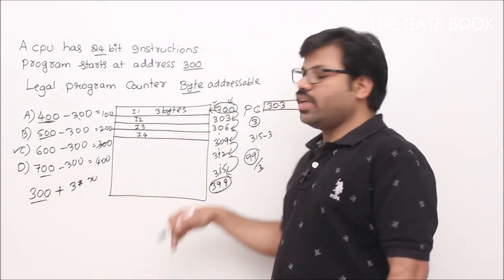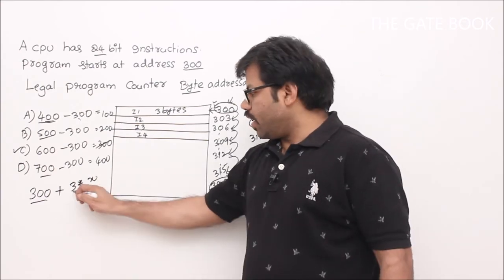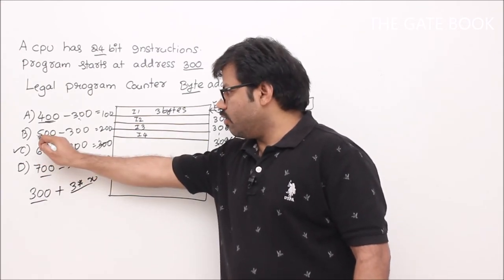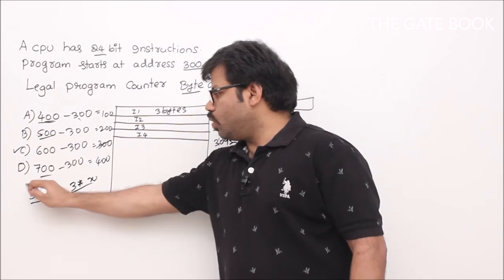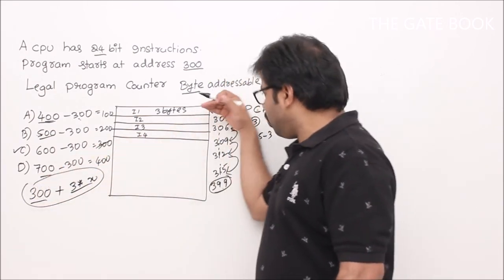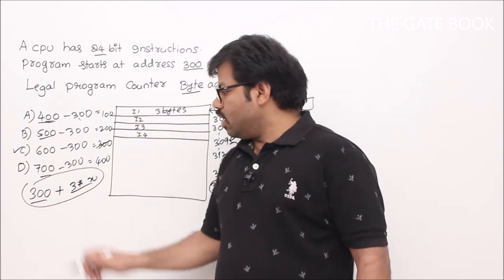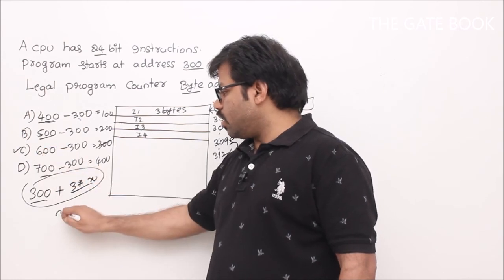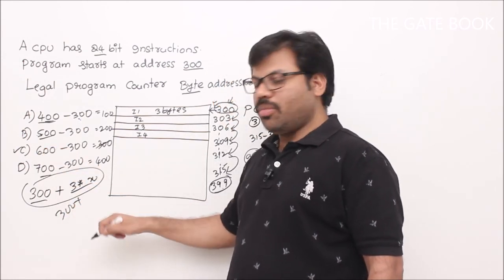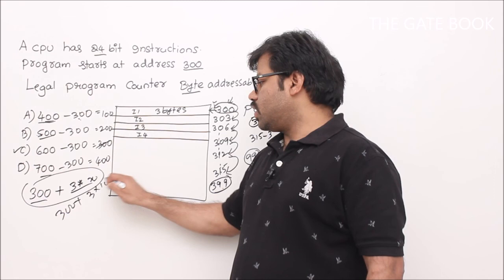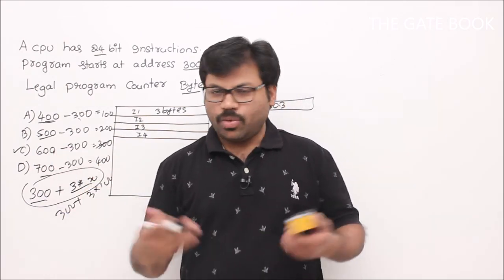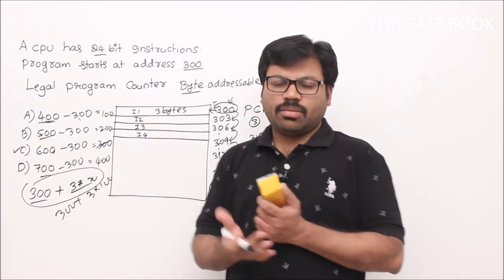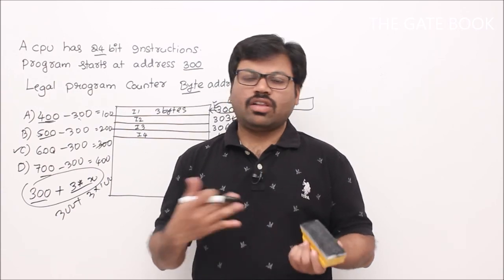That is the model of each instruction's address. So the valid program counter should also be in the form of 300 plus some 3's, correct? 600 is nothing but 300 plus some 3's. How many 3's? 100 3's. That's why this is the only valid program counter. In that way, if you use some common sense, we can easily solve these problems.